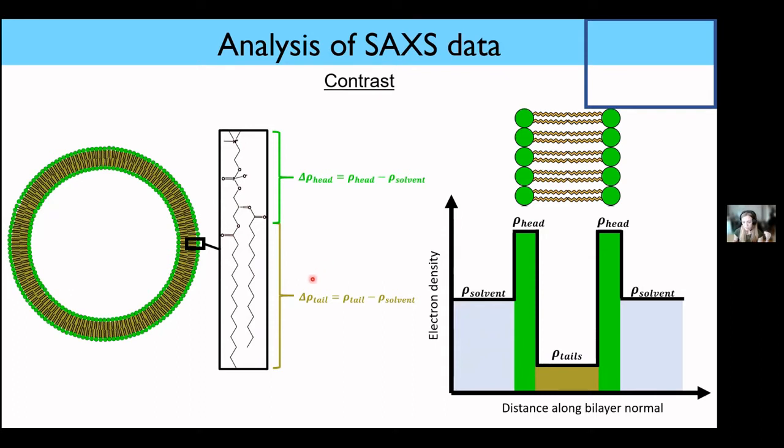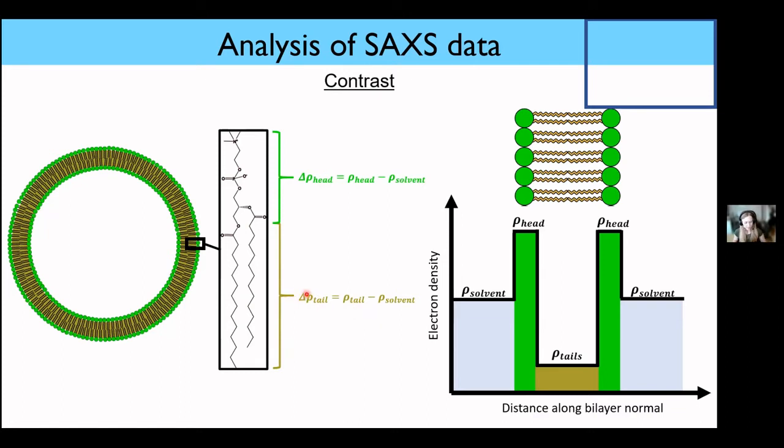In addition, it will be sensitive to the phase transitions, because as the bilayer undergoes a phase transition, the volume of these tail groups will change, and that will also change the electron density of that group.